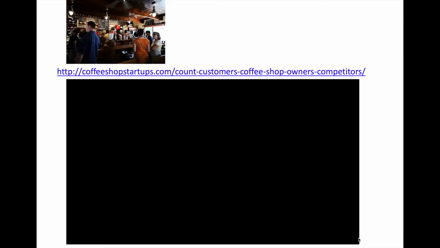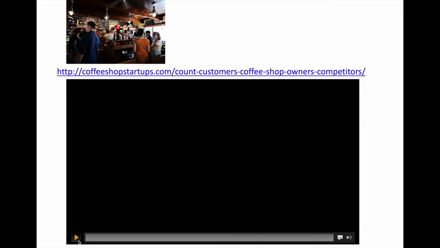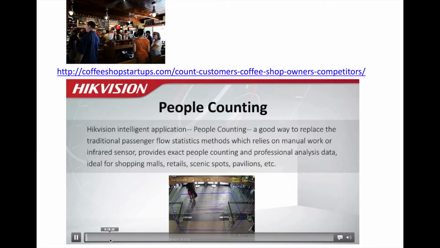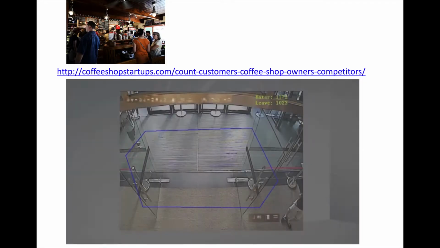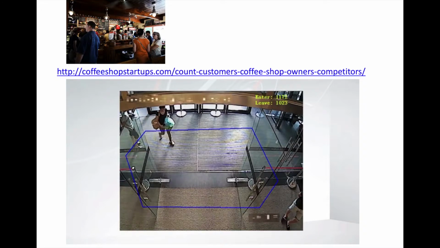Okay, so when we last left off, we talked about the following video, and this video is a view of instrumentation of the number of people entering a retail establishment. And so we have an overhead camera, and this overhead camera is tracking people who enter the establishment and people who leave the establishment. And the difference between the two is the number of people in the store.